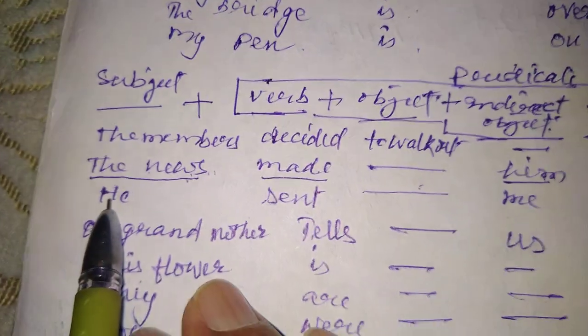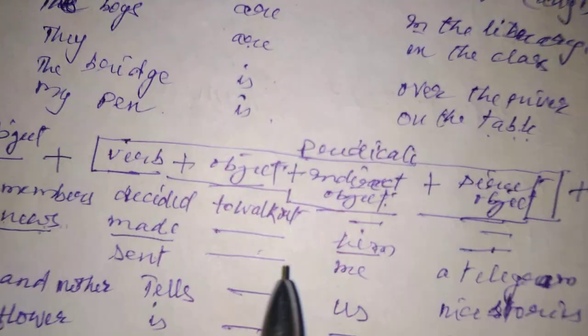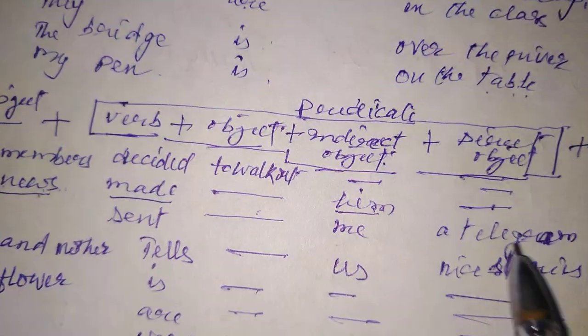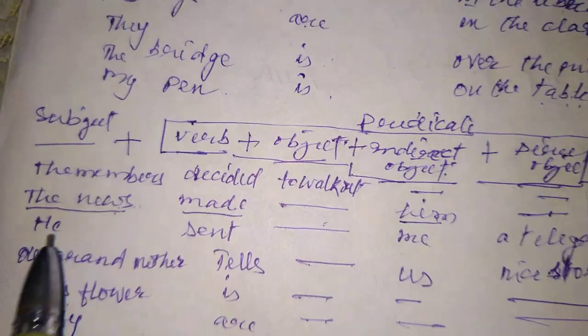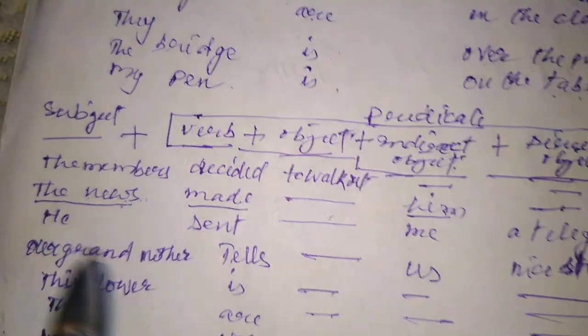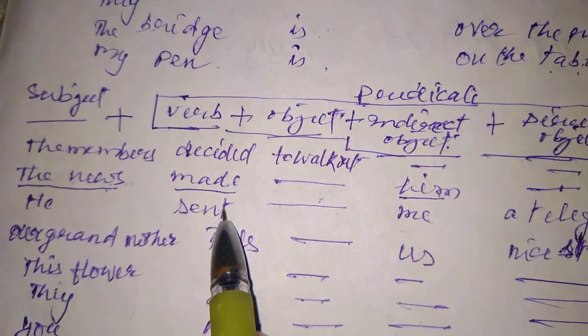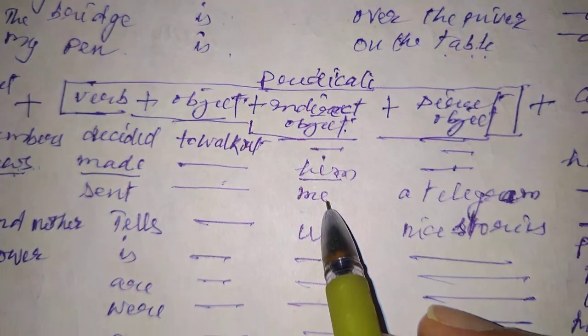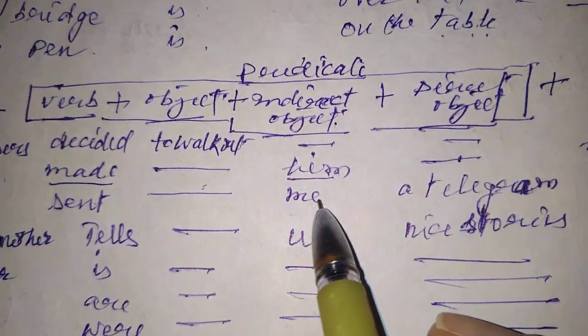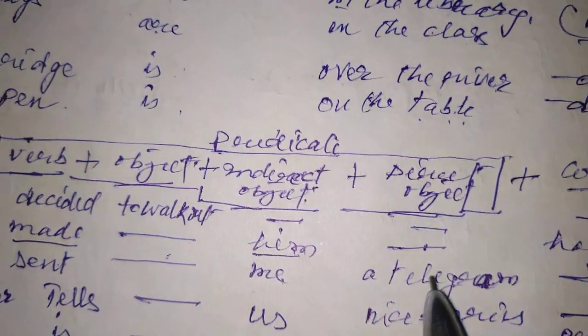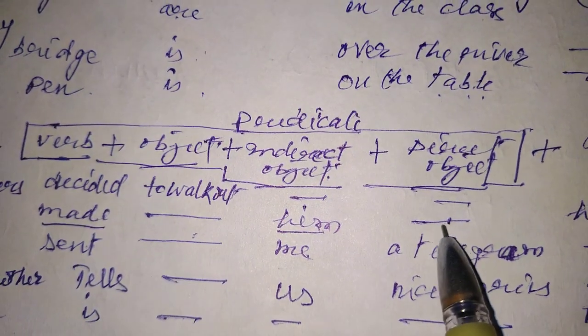Next sentence, he sent me a telegram. He is the subject, sent is the verb, object is missing. He has mentioned me here as an indirect object. It's a living thing, and direct object is missing.